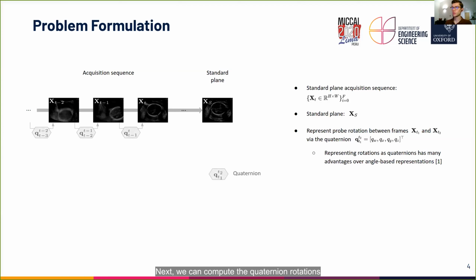Next, we can compute the quaternion rotations between the probe orientation at each acquisition video frame and the rotations of the probe between each video frame and the desired standard plane.